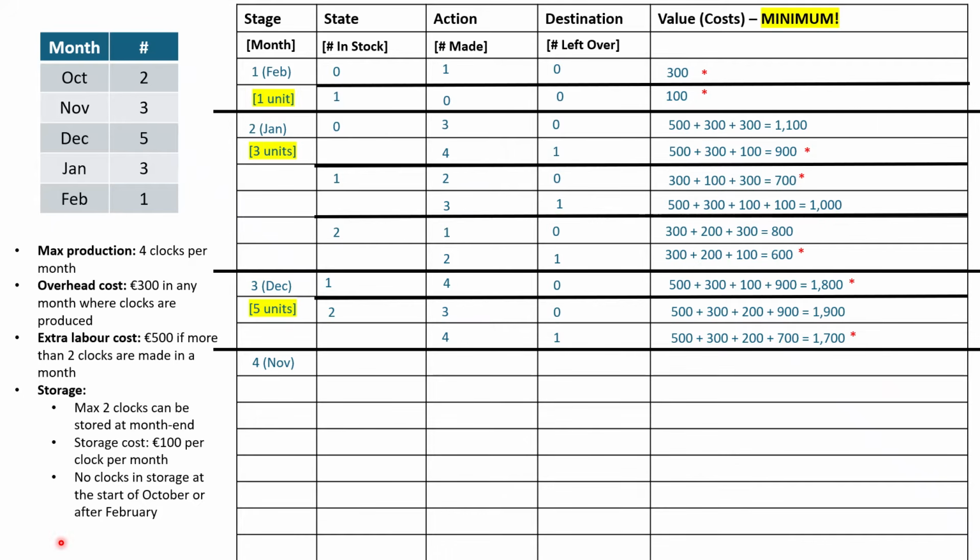And it's our 1700. So we could have 3 in stock at the start, but then we need to think in terms of our storage. And remember, there's maximum 2 in storage at the end of any month. So if you take a look at what that means for us here, we have either 0 or 1 left over.